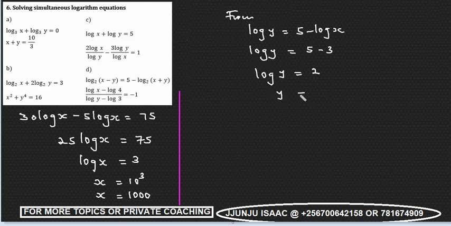So y is 10 power 2, which is 100. So the solution x and y is, we have x as 1000 and y as 100, and that is the solution for part C.